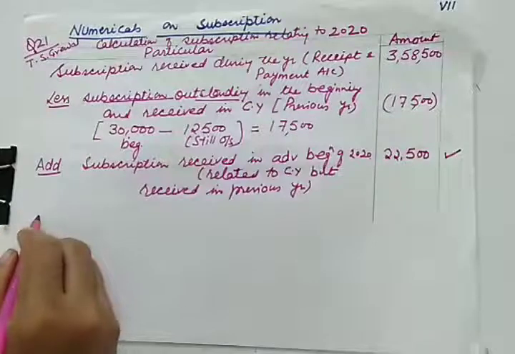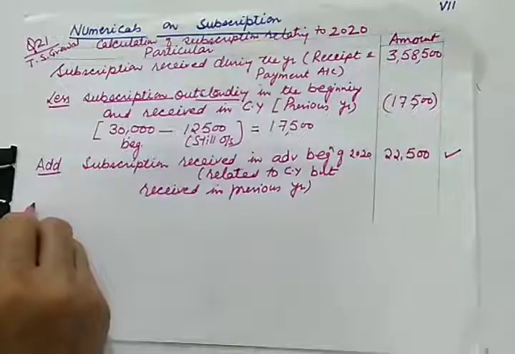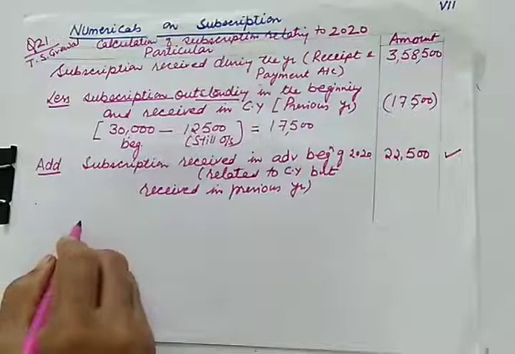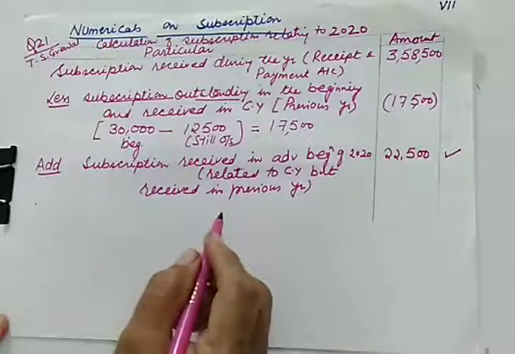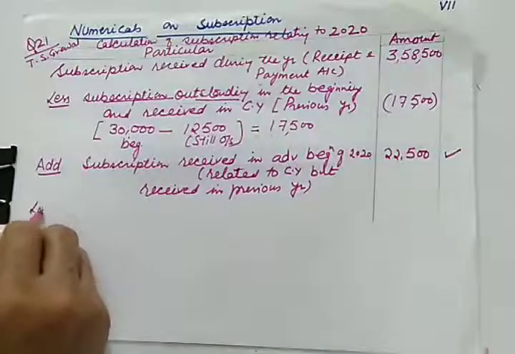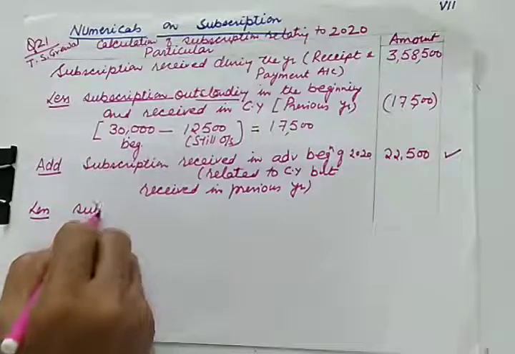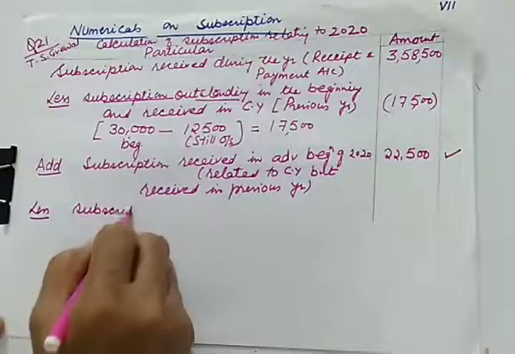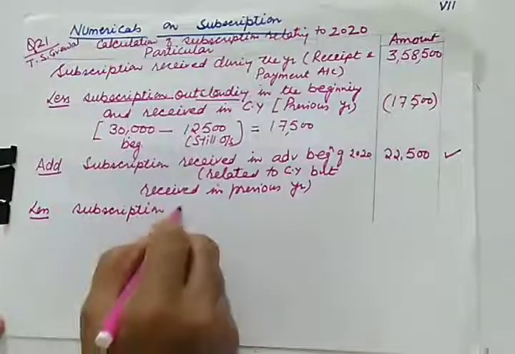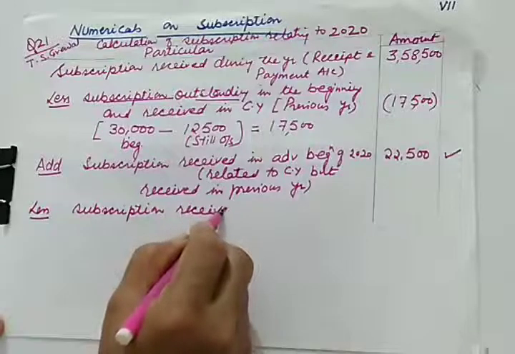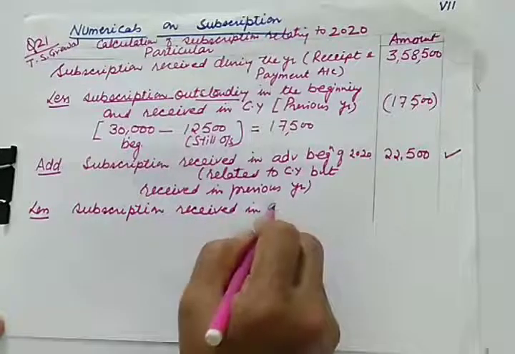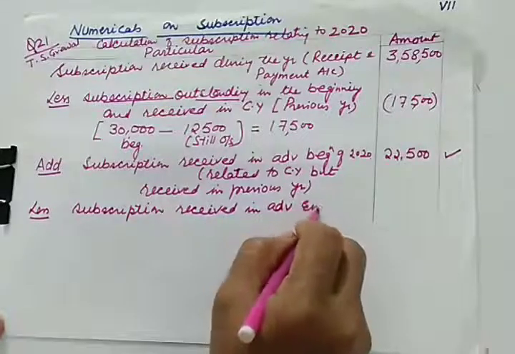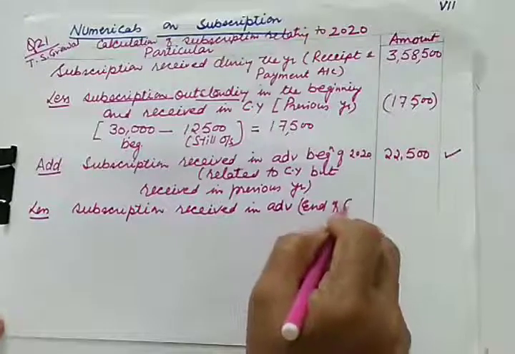And moreover, what else is to be treated? Then next is subscription received in advance on 31st March 2020. So we'll be deducting subscription received in advance at the end of current year.